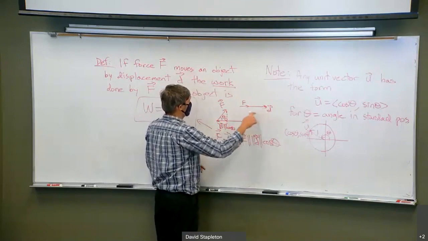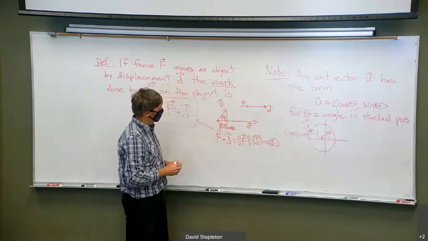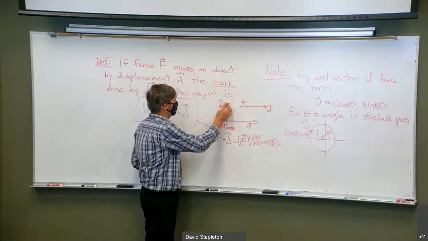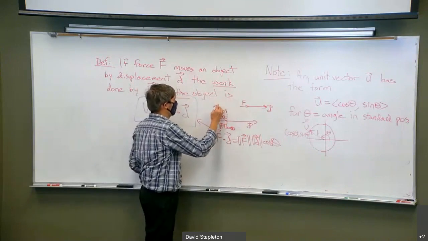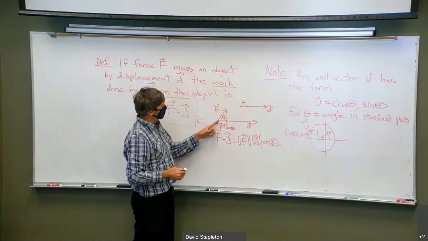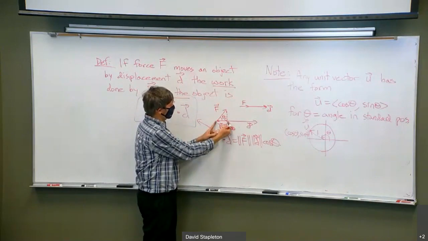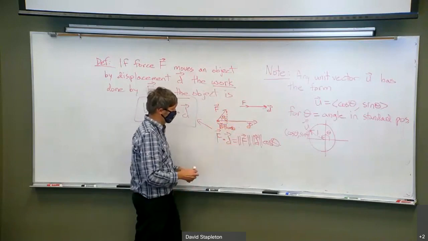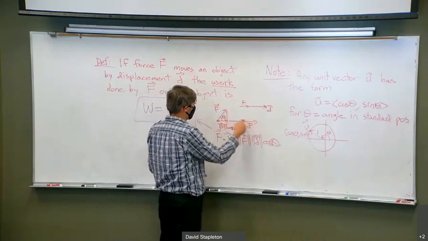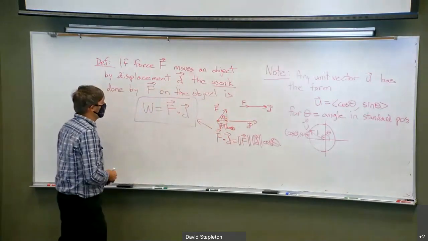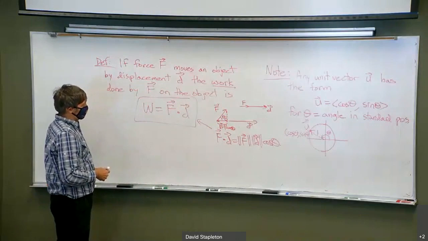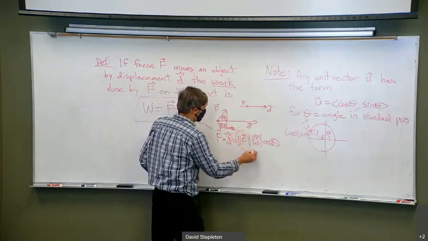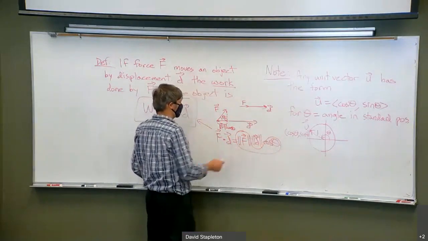Instead of force times distance being work, when you're just dealing along a line, if you have a force that's at an angle here, then the actual work is the component of the force in the direction of d, the projection, multiplied by the distance. That's what work is. Projection of the force in the same direction times distance. So geometrically, it's nice to know what it is. It's this component of force times the distance.